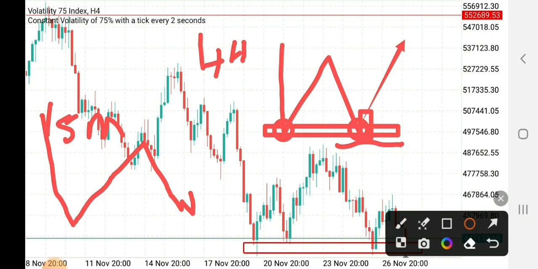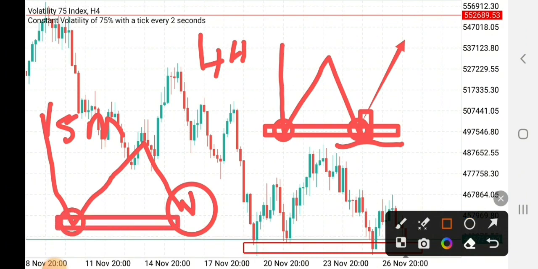Okay, so this is the second leg, this is the first leg. So here at this second leg of this pattern, you want to see the mini pattern, the same W pattern inside one of the legs of the major high time frame W pattern, right?